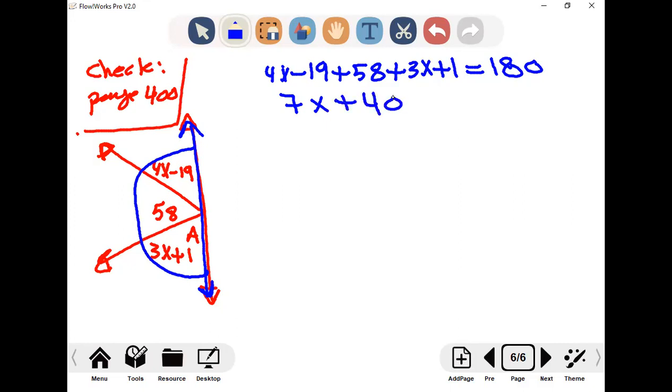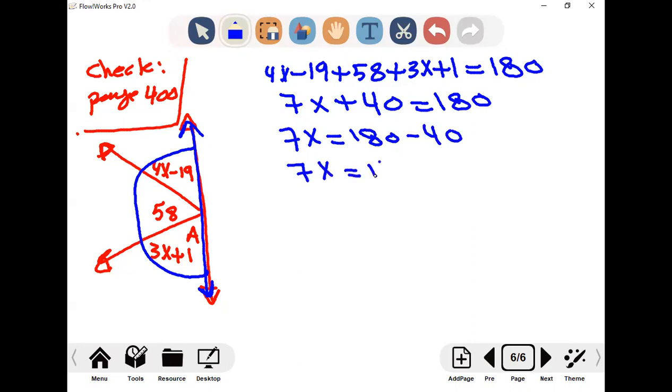The three numbers again: minus 19 plus 1, negative 18, negative 18 plus 58, plus 40. Subtract and keep the bigger sign. All equal 180. 7x equals 180 minus 40. 7x equals 140. Divide by 7, divide by 7. x is 20. 140 divided by 7, right?